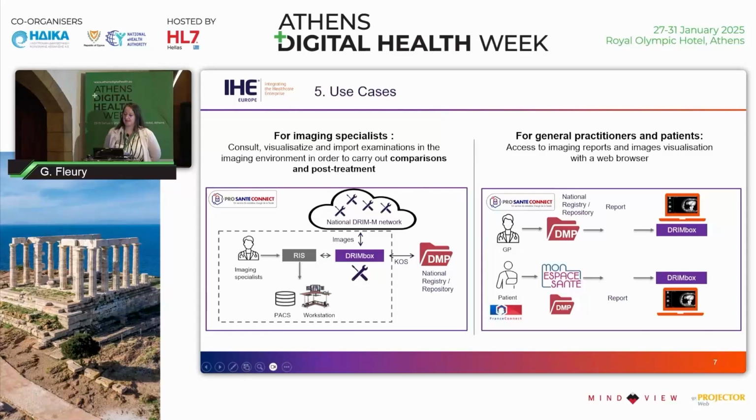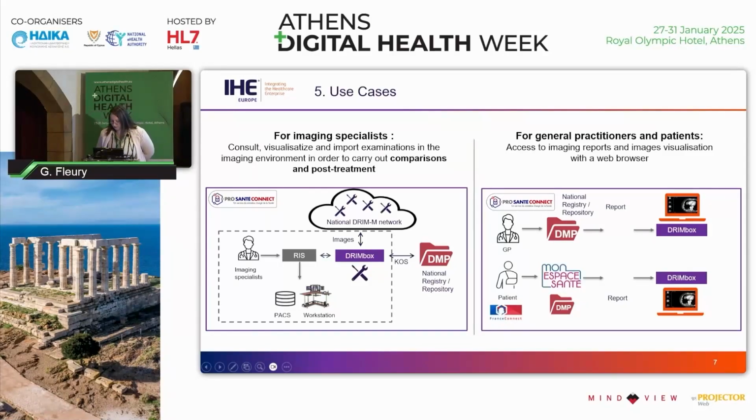On the right side, we have the use case for general practitioners and patients, which don't have access to a workstation. And they can both have access to the imaging report on the national repository with the professional access and with the patient access.